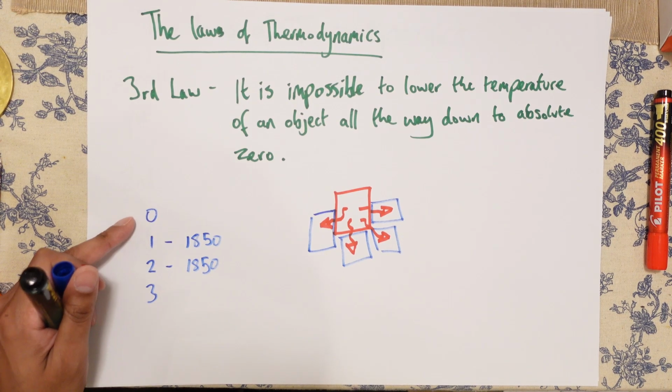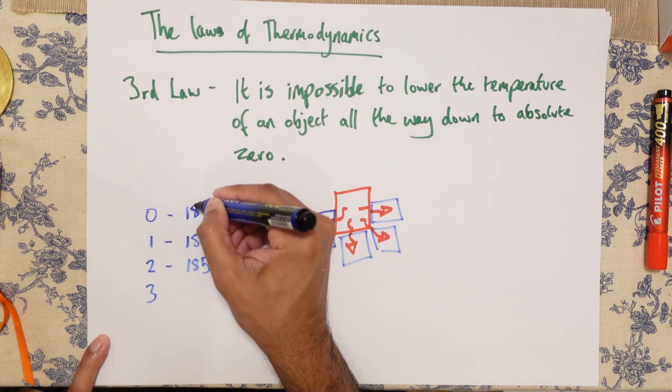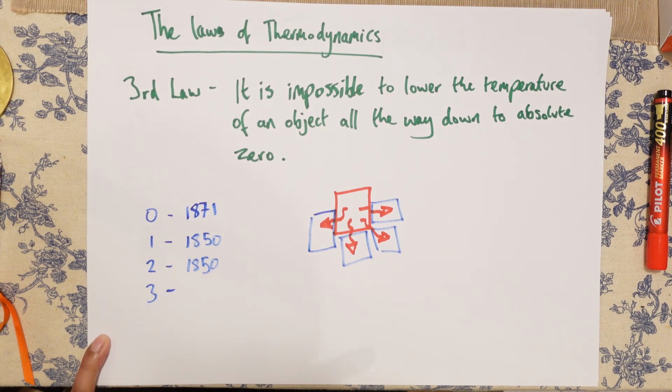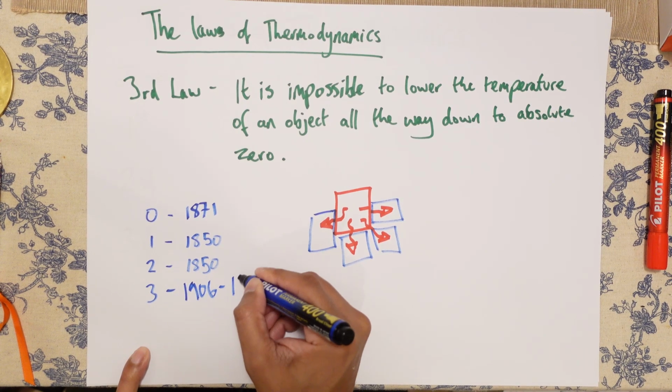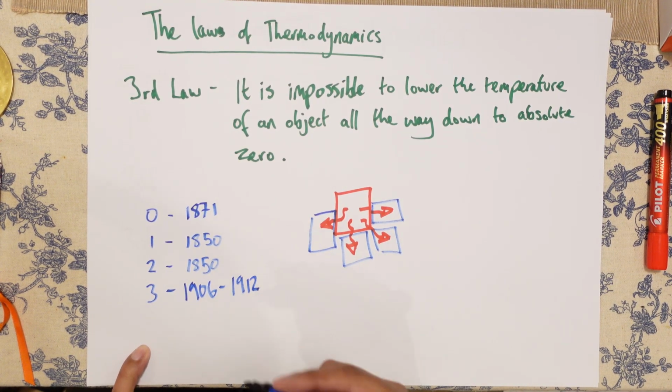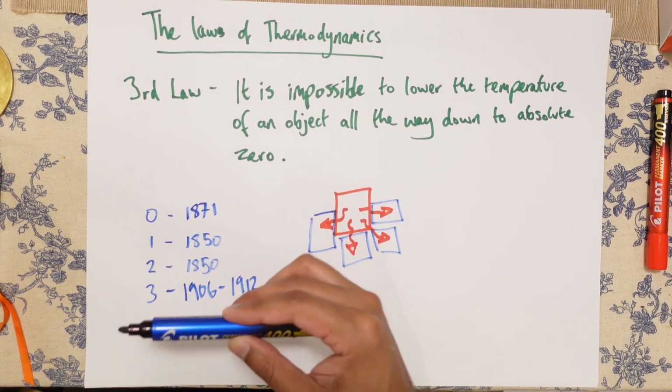Followed by the 0th law, and they figured the 0th law was a little bit more sort of basic than the first law, and that was discovered in 1871, and the third law was discovered between 1906 to 1912. And so for this reason they went 1, 2 and then 0 and then 3.